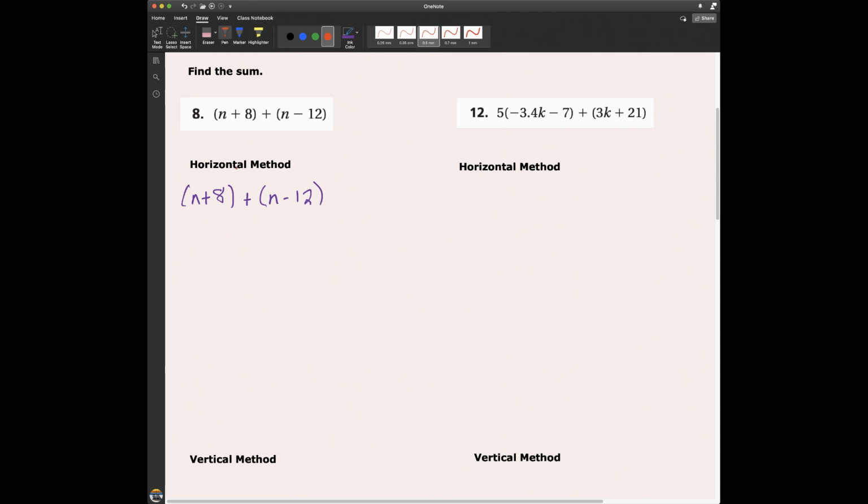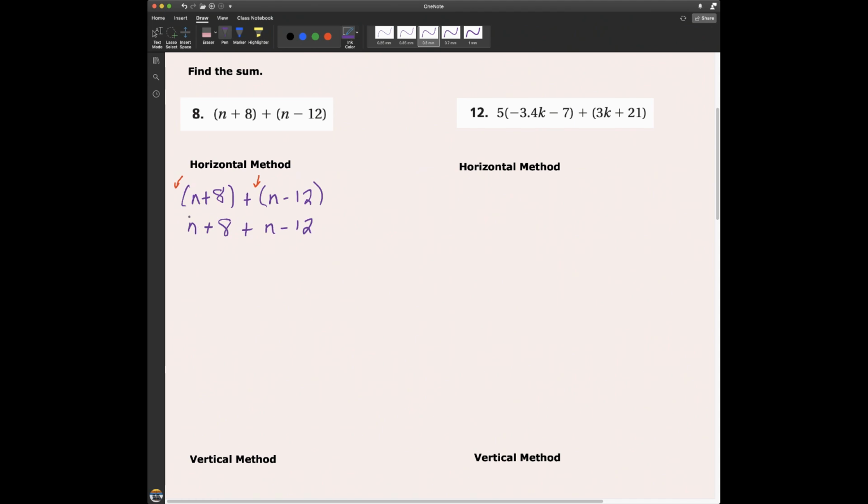Notice that there is no number or expression in front of these linear expressions. Because there isn't anything in front, I can go ahead and just drop the parentheses. So I can write this as n + 8 + n - 12. So notice the parentheses are gone.